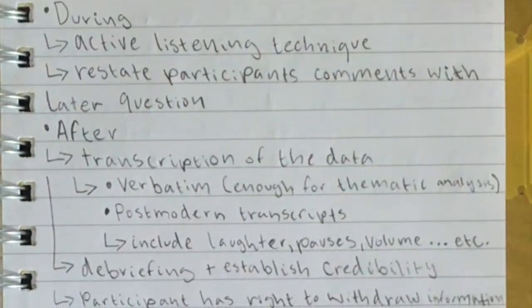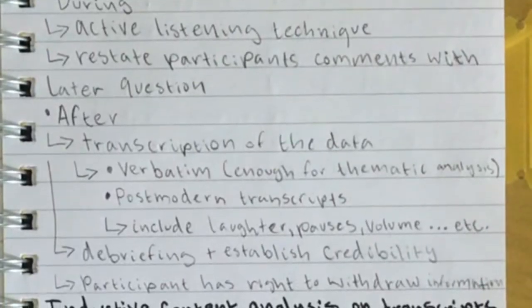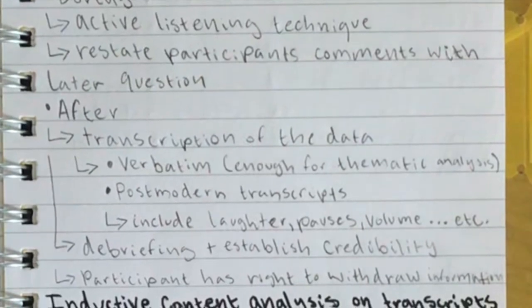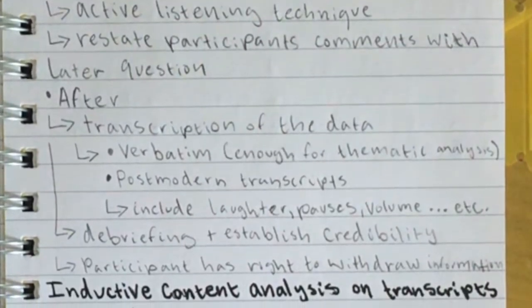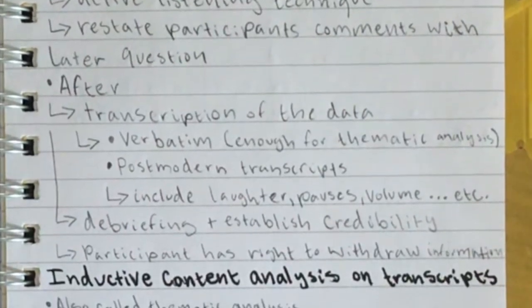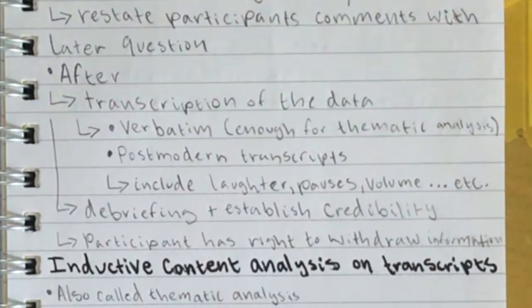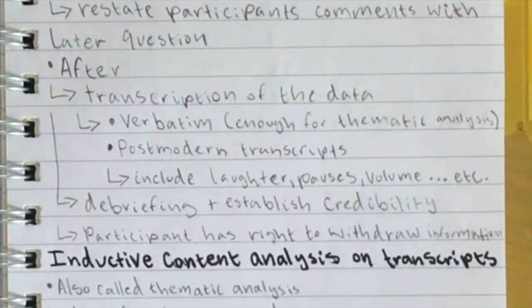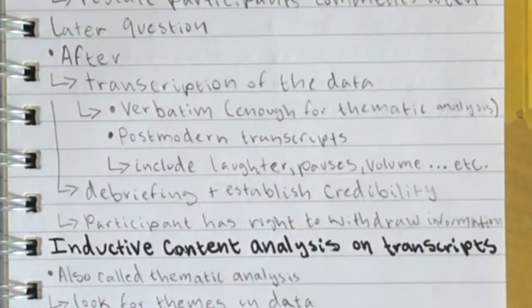Now, after an interview is done, you have to think about the transcription of the data. So there are two different ways this can be done. You can transcribe the data verbatim, which means that you do it word for word. And this is enough for the analysis as well. Or you can use postmodern transcription. This means you include laughter, pauses, volume, and other issues like that.